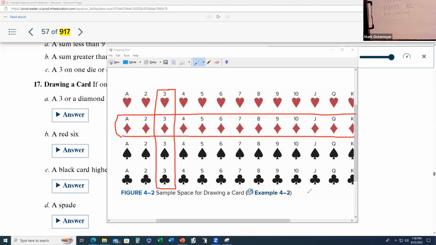Okay. So, since there's 16 out of 52 ways, the probability would be 16 over 52. And can we reduce 16 over 52?